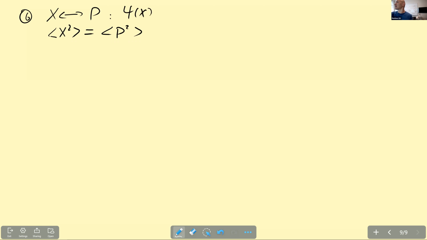And also, for the same reason, because of this symmetry, if we change x and p, they should be the same, right? So you must have this one equal to this one.